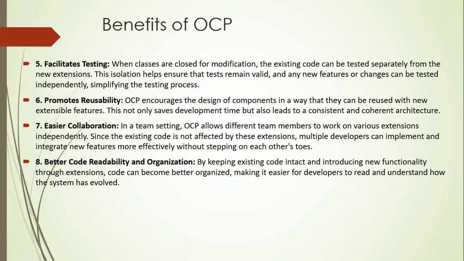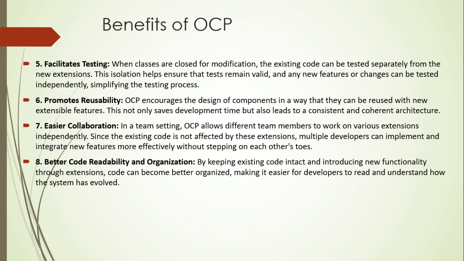This isolation helps ensure that tests remain valid and new features or changes can be tested independently, simplifying the testing process. It promotes reusability. OCP encourages designing components in a way that they can be reused with new extensible features. This not only saves development time but also leads to a consistent and coherent architecture.